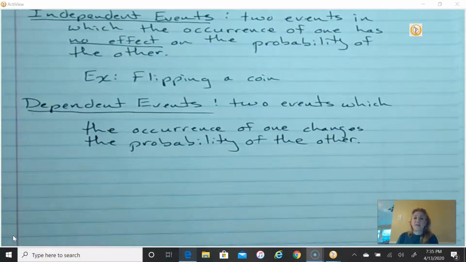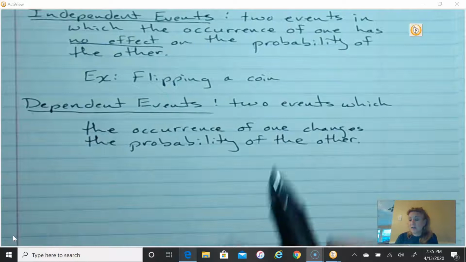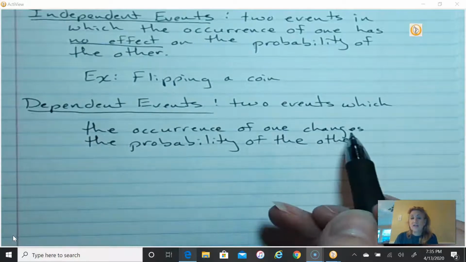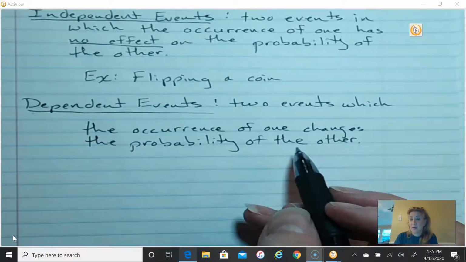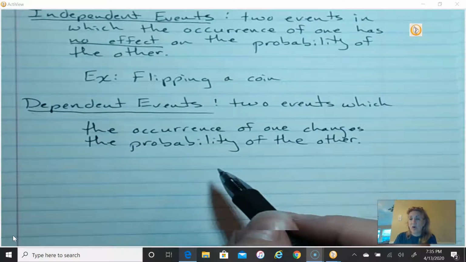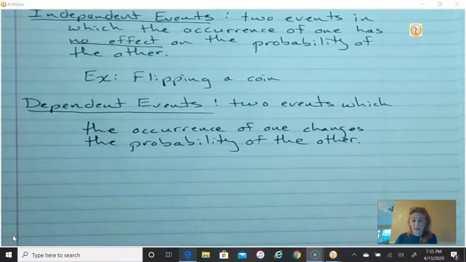So it's two events in which the occurrence of one changes the probability of the other. So in this one, one does affect the other.